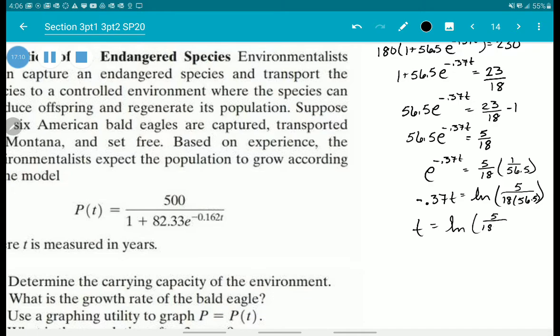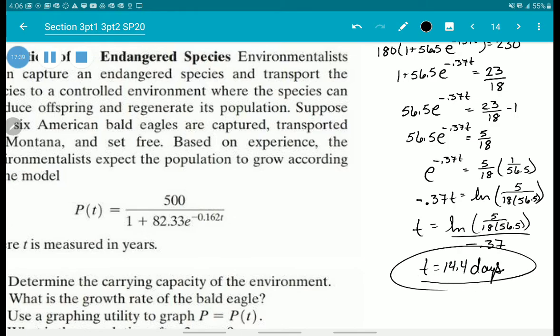I saved all the computations for last. So I got about 14.4 days. So in a little less than 14 and a half days, we will have 180 fruit flies.